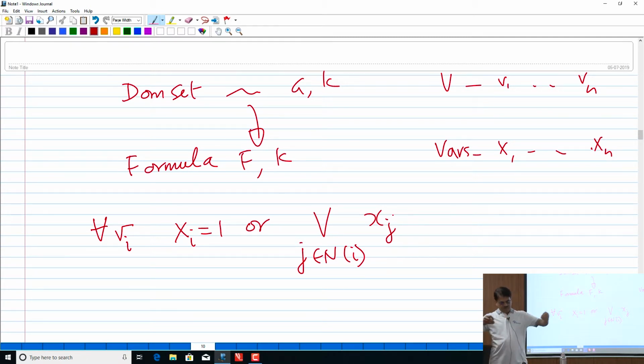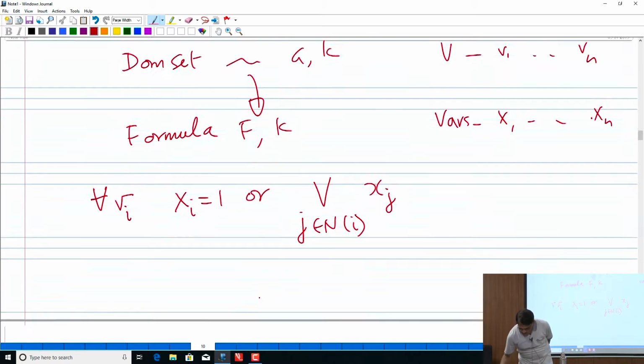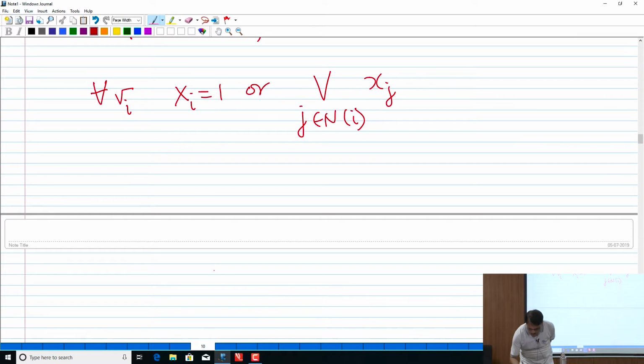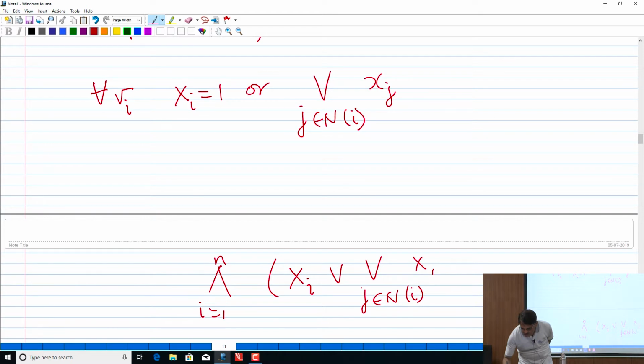Right? Can you now expand it out and write in full conjunctive normal form basically? Right. So, it will be whole and, i equal to 1 to n, xi or of j in neighborhood of i xj. Right. So, it's and of n different clauses.